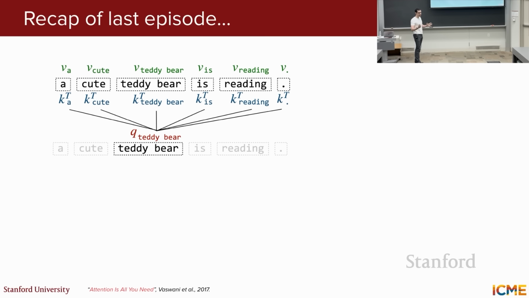Here the idea is that the query is going to ask which other tokens are most similar to itself by comparing query and key. And then once that's done, we take the associated value.